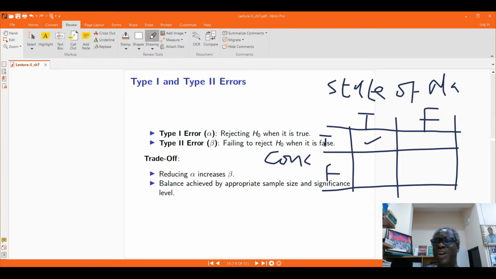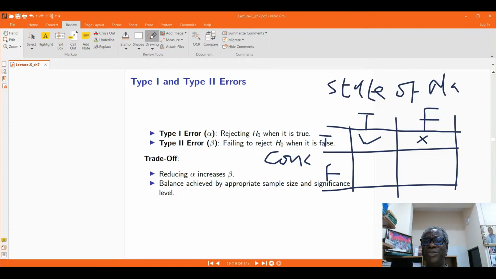So no error has been committed. But if your conclusion says true when it is false, then you have committed an error. That error is what we call type 1 error.